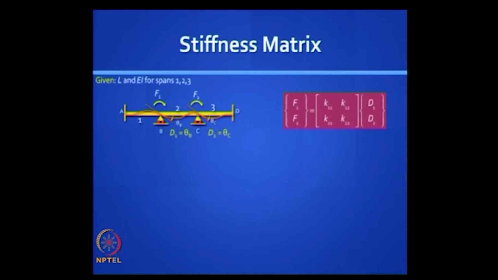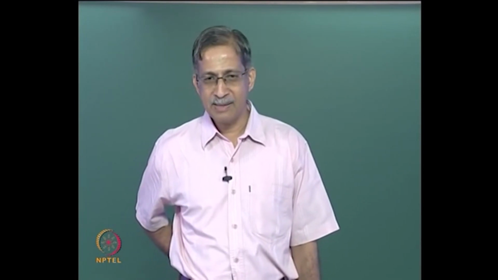Now the stiffness matrix is defined as F is equal to KD. So F1 is K11 into D1 plus K12 into D2, and F2 is K21 into D1 plus K22 into D2. Can you generate this matrix from whatever little you have learned till now? Can you write an expression for K11, K21, K12, K22, physically understanding what is going on?